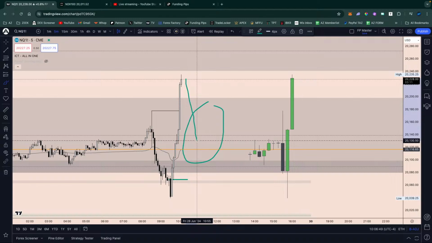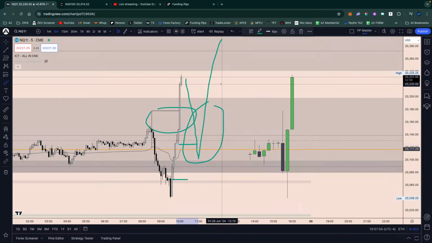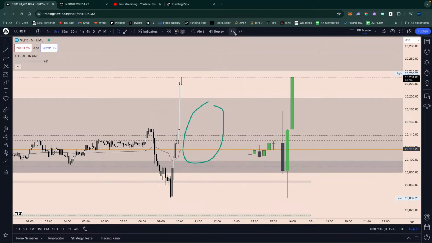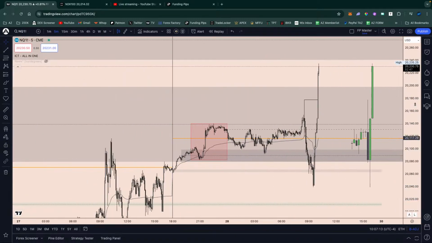It could hit the midnight level, could go back to the previous day's high, could go all the way back into here, and then still continue up higher. So entering somewhere around this area and placing your stop loss just below the midnight level would be rather risky. And you would be expecting a huge continuation further to the upside.